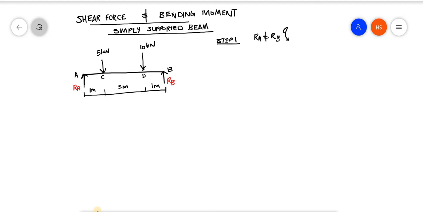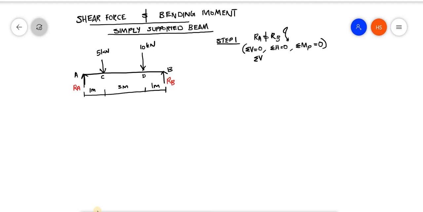I can use the equilibrium equations. You know the equilibrium equations available: the sum of the vertical forces is 0, the sum of the horizontal forces is 0, and the moment at any point is 0. Using these equations I can solve this. Here I have two unknowns, RA and RB, so I need two equations. Since we have vertical forces, I use the first one, sigma V equal to 0.